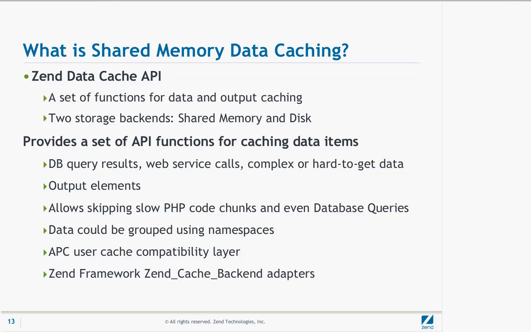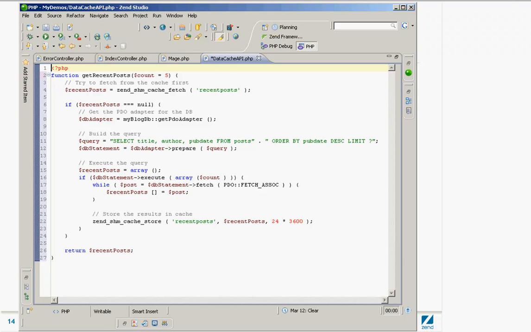What it looks like is basically, this is a sample of the code, and if you look here, here's a function that gets recent posts, and what you see right under the function call is a call to Zend shared cache fetch with a key, so it looks up to see if the data's already been cached, and then there's an if statement, which if it has been cached, it'll skip the rest of the function call. If it hasn't, it'll execute and then cache the result.